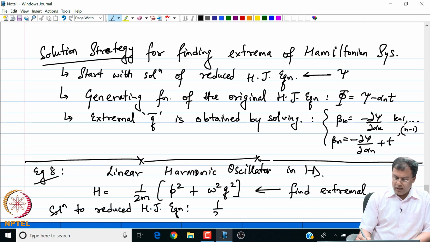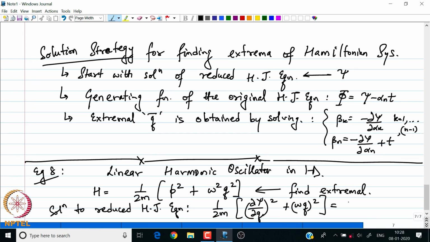So, I get the following. So, 1 by 2m times (del psi del q) square plus (omega q) whole square is equal to alpha, right. So, we have to solve this equation to find psi.